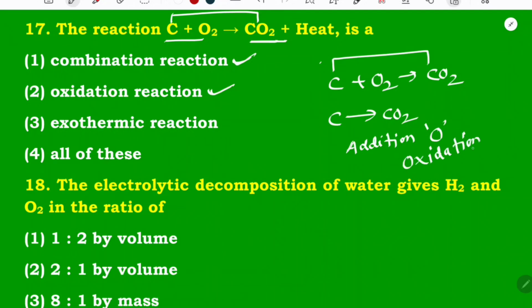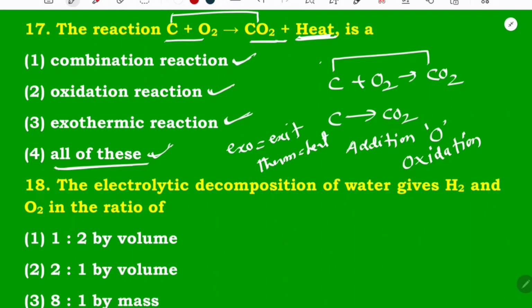Heat is also liberated on the product side. Heat evolved means exothermic. Exo means exit, thermo means heat. So the correct answer is all of the above. This is an example of a combination reaction, oxidation reaction and exothermic reaction.